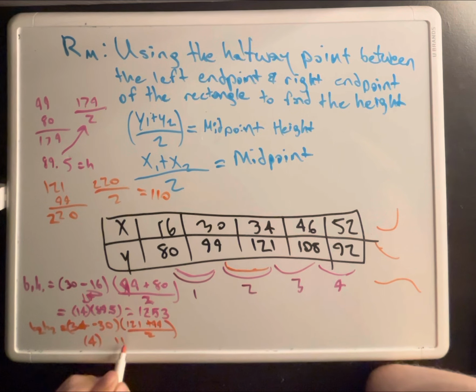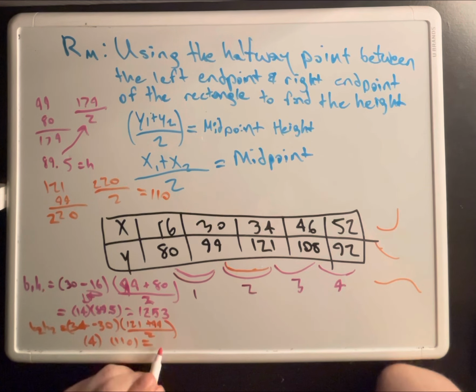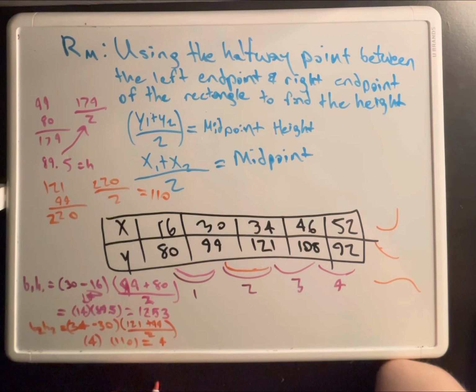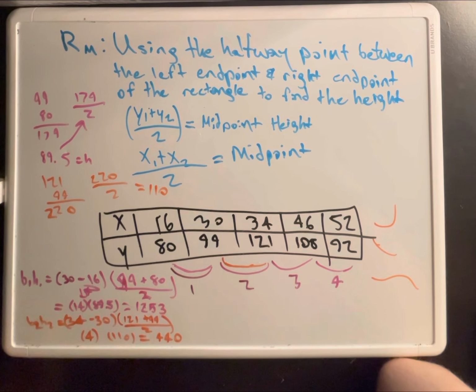So then we have 110 times 4. Actually, I'm just kidding. 440. So so far we have this 1,253 and 440. Right?